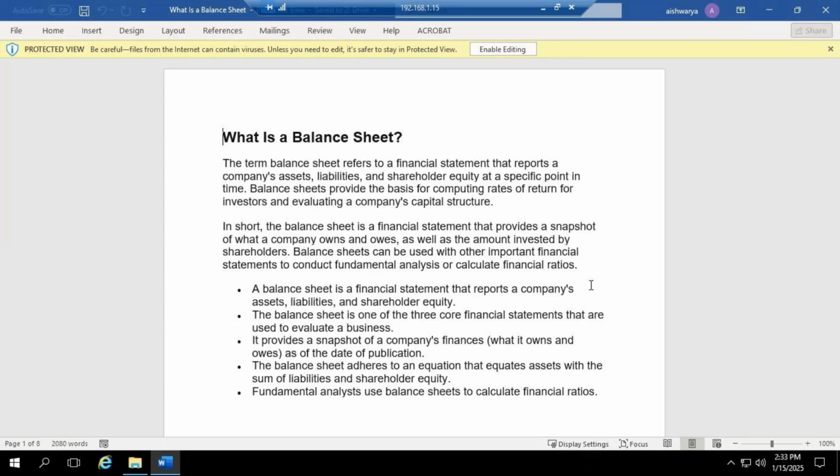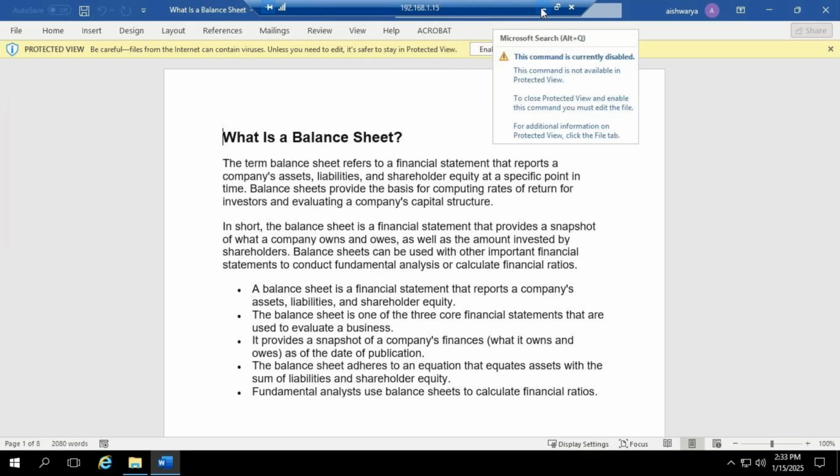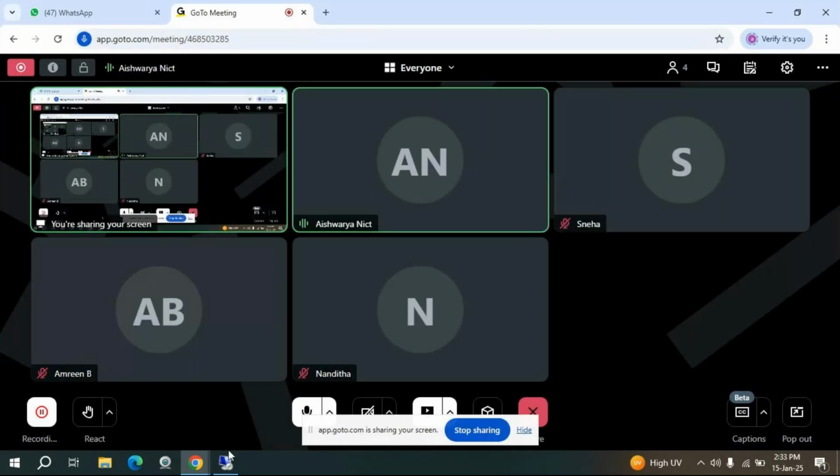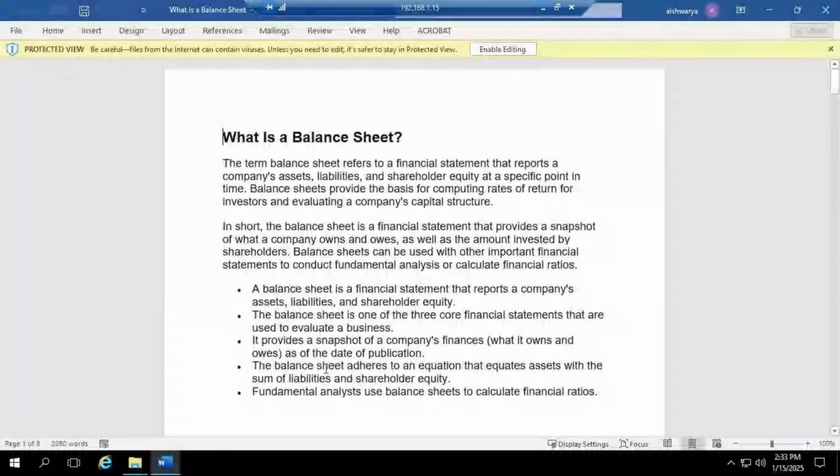On 31st March, right? So every year, on 31st March, we are going to prepare the balance sheet. Both the assets and liabilities we have to balance, right?